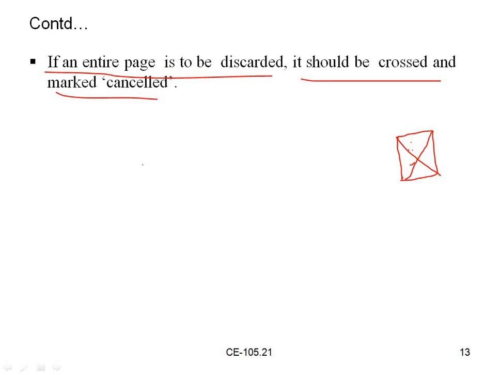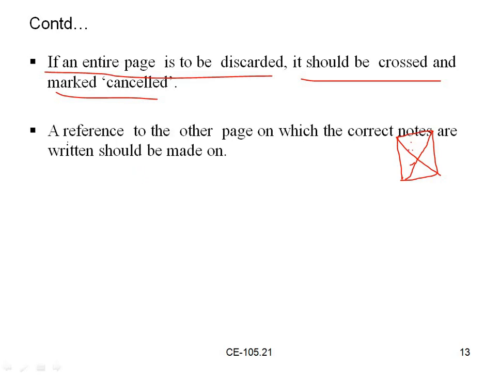The serial number should not be missed. And a reference to the other page on which the correct notes are written should be made on it. Whatever reference we write, the correct notes should be written on the other page.